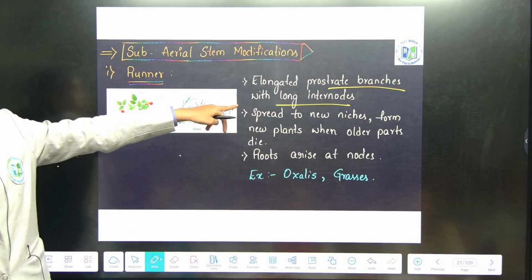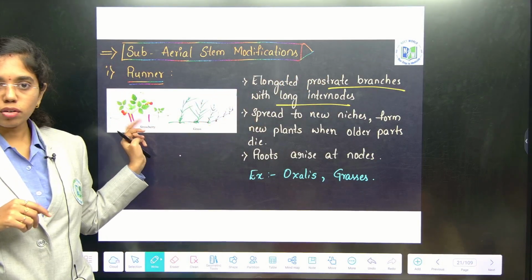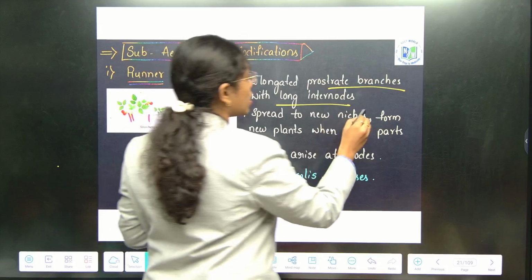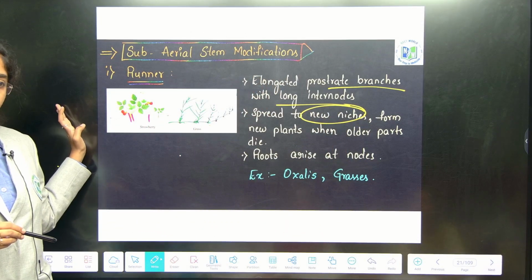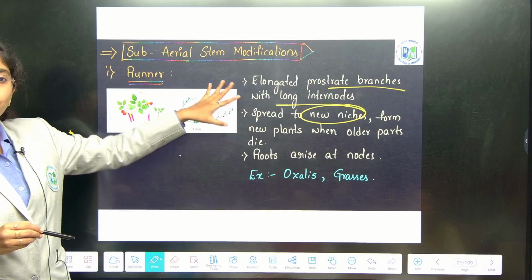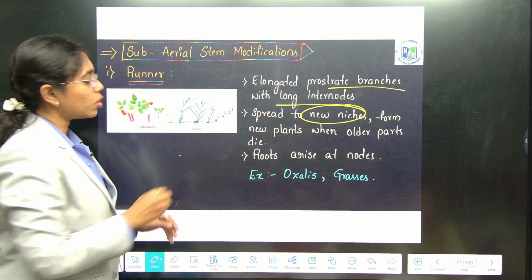Elongated prostrate branches with longer internodes, they will spread into new niches and they form new plants. When older plant parts die, when they go to the new niches, they will give rise to what? New plants.